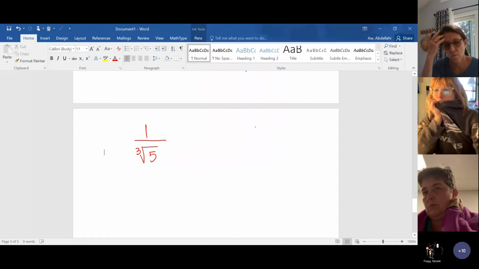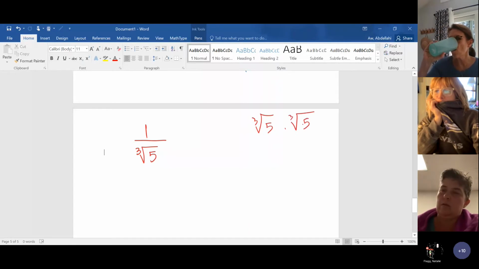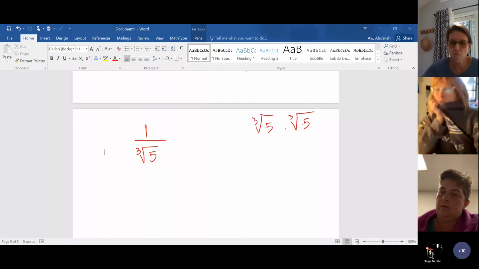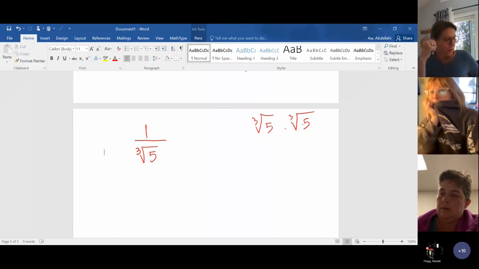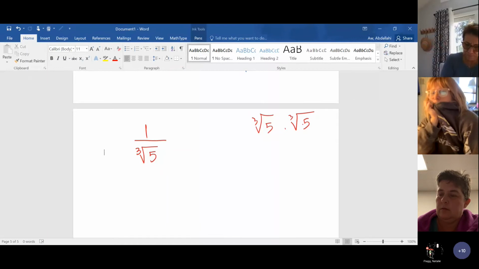When you do cube root of 5 times cube root of 5, does the cube root go away? Don't you need 3? We need 3 of them. Exactly. If it is cube root, we need 3 cube roots for the cube root to cancel out, right?